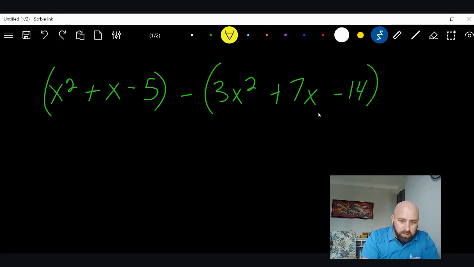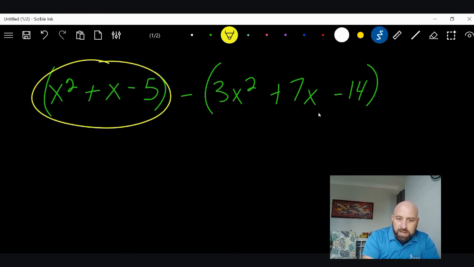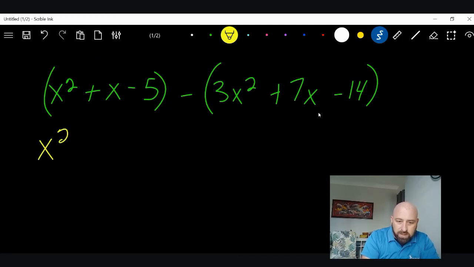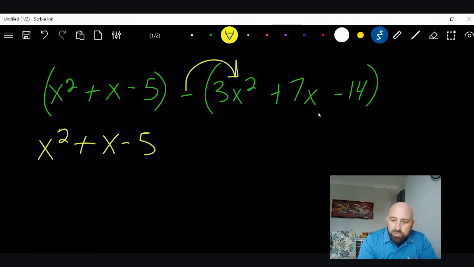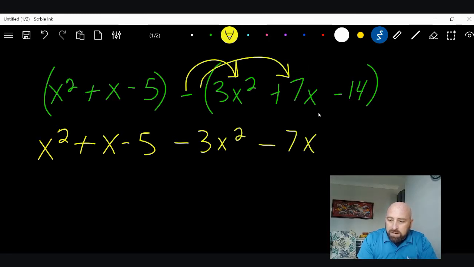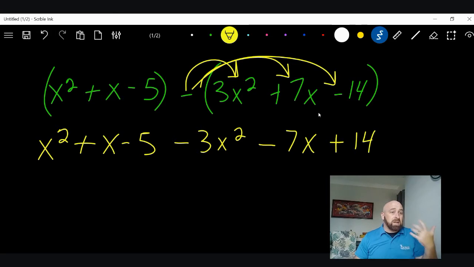So let's rewrite it. Nothing changes with the first one. X squared plus x minus 5. Now we distribute our negative sign. Minus 3x squared minus 7x. And when we distribute there, that becomes a positive 14, because remember, negative times negative equals positive.